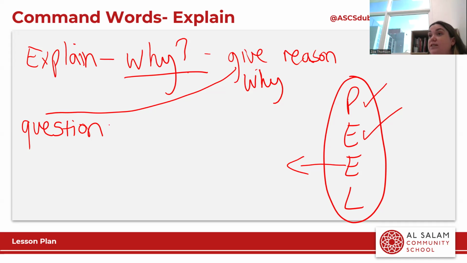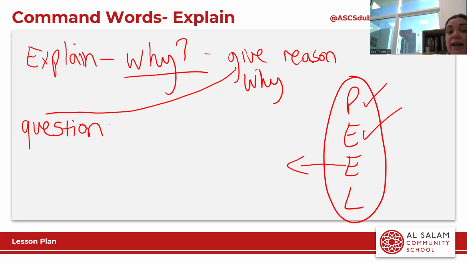And this is what's going to separate those of you who are grade 3, grade 4, from those of you who are grade 6, 7, even 8 or 9. Is because can you give me a detailed explanation? So essentially, you need to make sure that your question is answered.